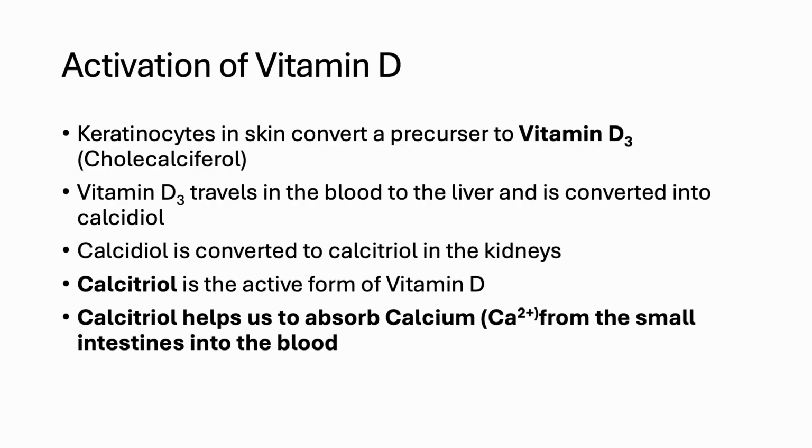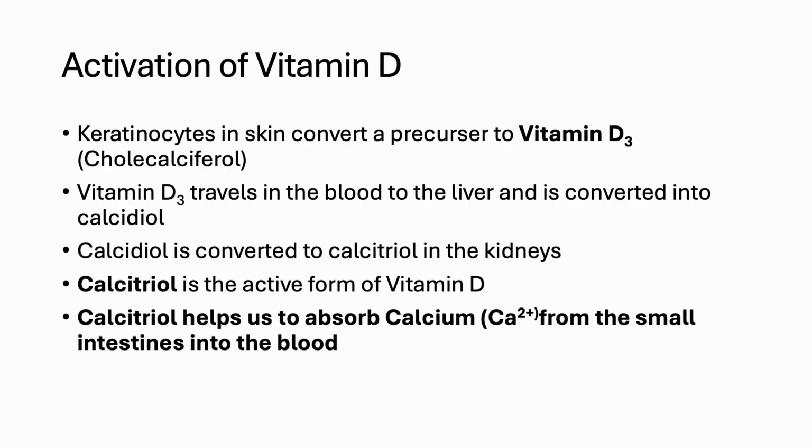Now we're going to review really quickly about vitamin D and how it's activated. If you think back to our lesson 5 when we talked about the integumentary system and we looked at our skin, we realized that when the skin is exposed to UV light, it converts a molecule into vitamin D3. We can also get vitamin D3 in our diet, right?